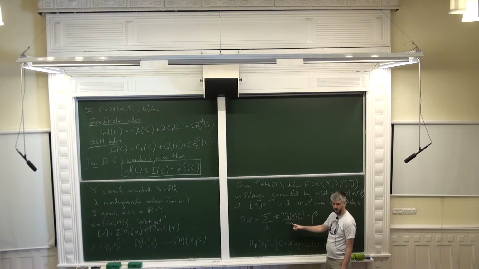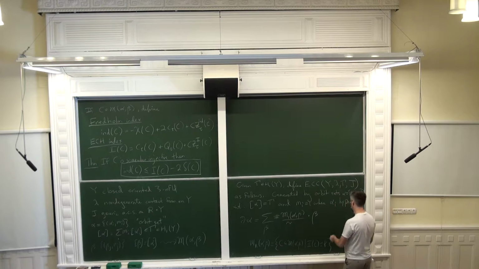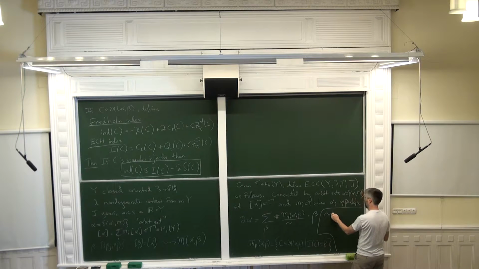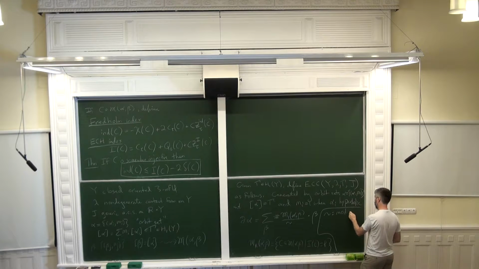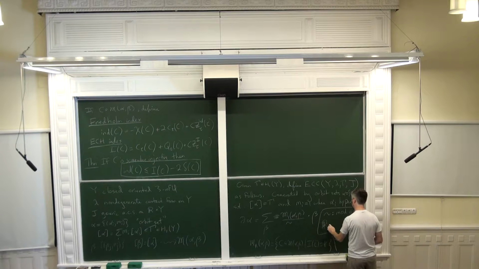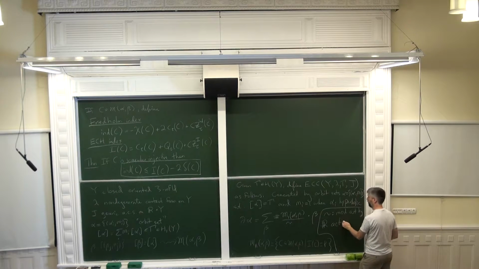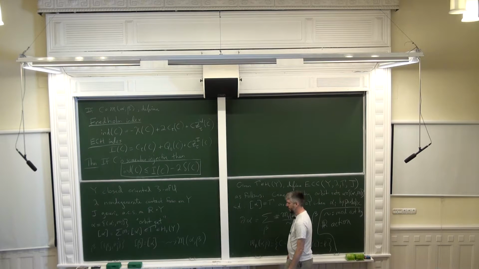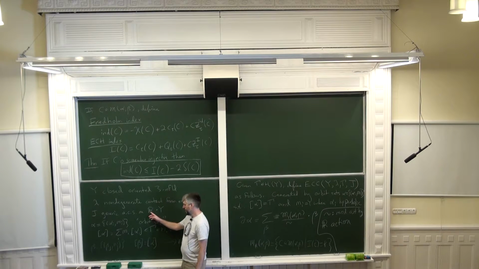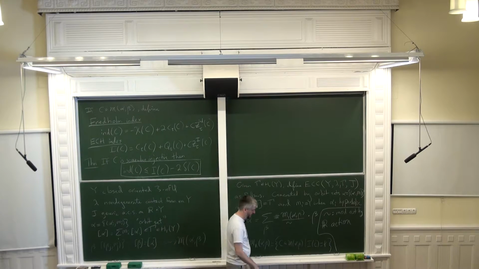Then what's the equivalence relation? The equivalence relation is two things. First of all, we quotient out by the R action. Because the almost complex structure J is assumed to be R invariant, we can always translate the R coordinate to get another holomorphic curve, so we quotient out by that. That's the usual thing you do in any kind of Floer theory.